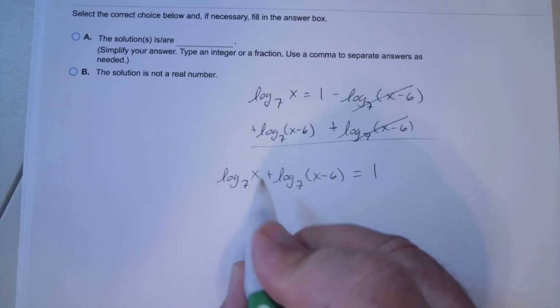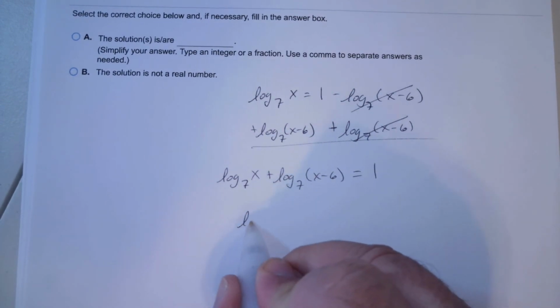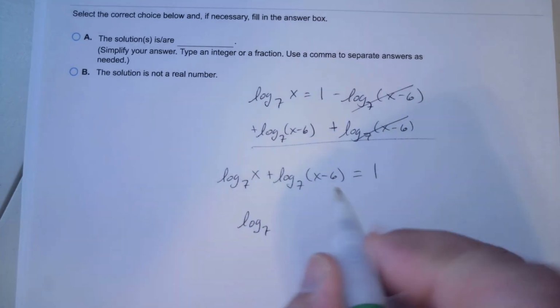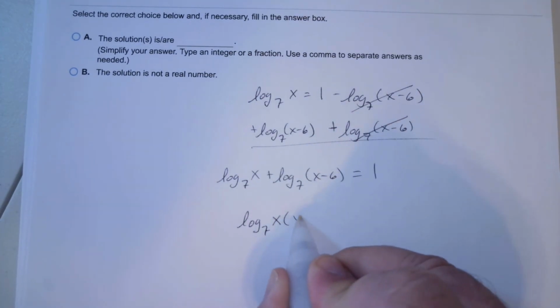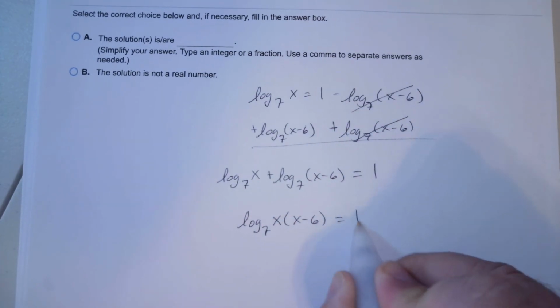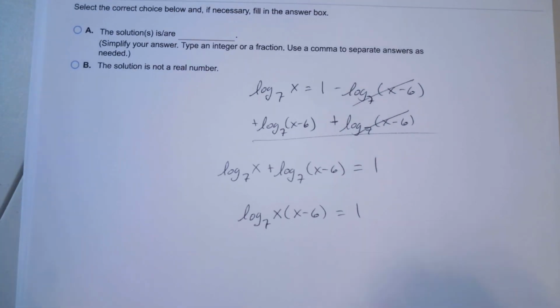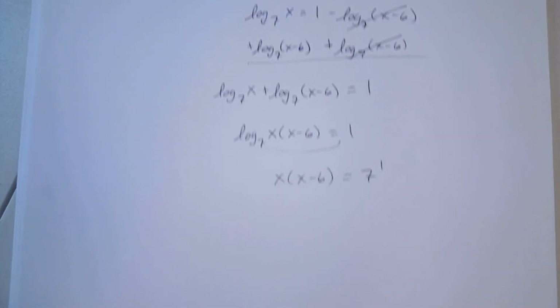Since they're added, that means they're multiplied together, and because they're the same bases also, we have x times x minus 6 equals 1. Get rid of the log, the 7, so we have x times x minus 6 equals 7 to the first.